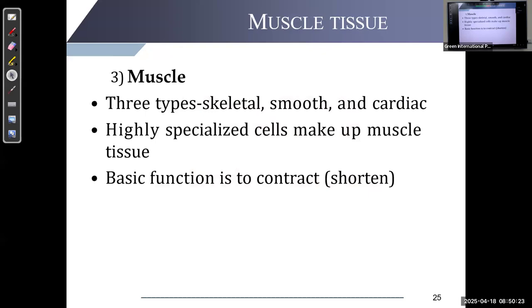Then what we have is muscle. We have muscle divided into skeletal, smooth, and cardiac muscles. It is highly specialized for what? What is the function of muscle tissue? Movement. Contract, expand, movement, voluntary, involuntary movements.